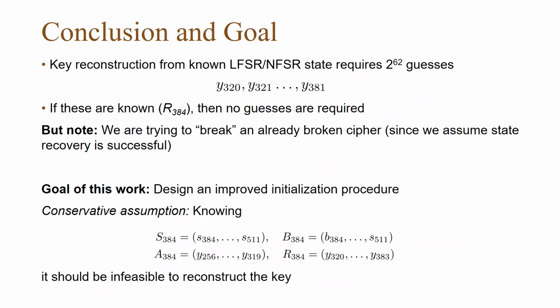So our assumption is that if we know the state of the LFSR and the NFSR immediately after the initialization, and in addition we also know the content of the register and the accumulator directly after the initialization, then it should still be infeasible to reconstruct the key.